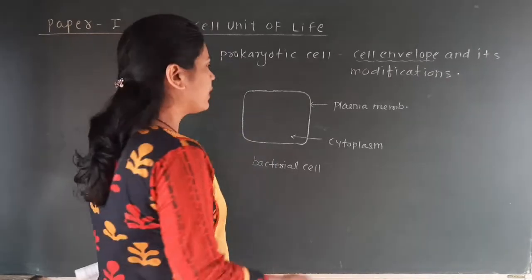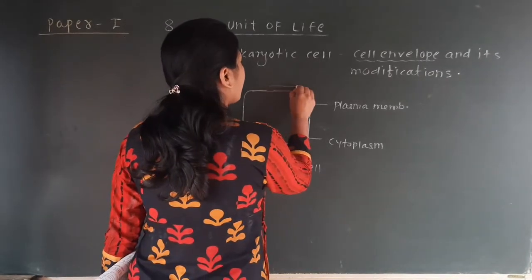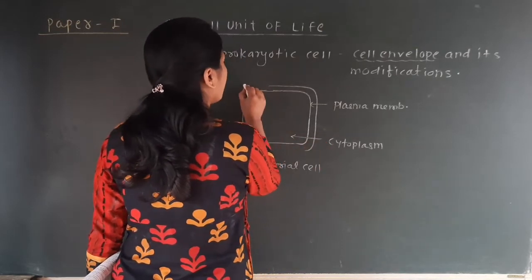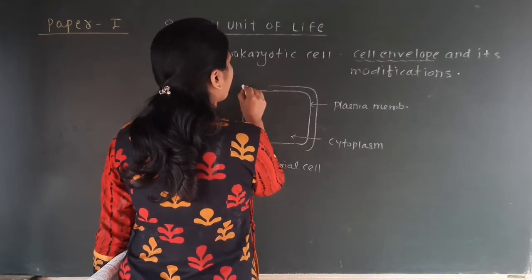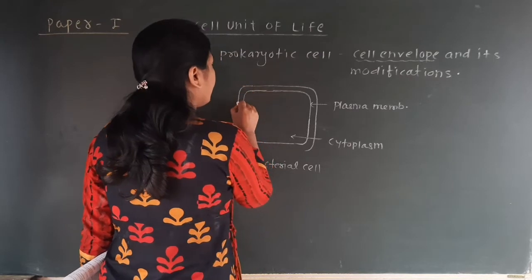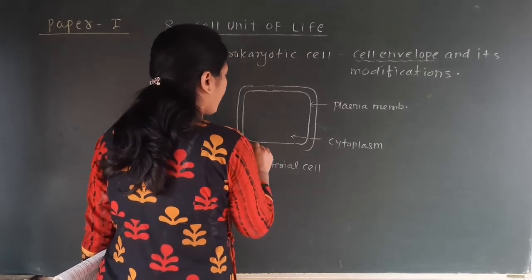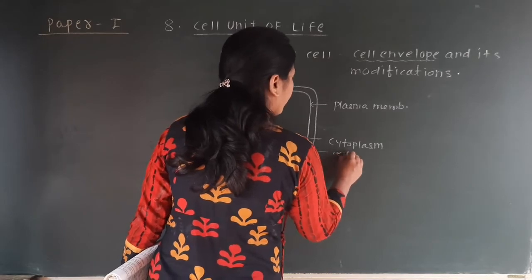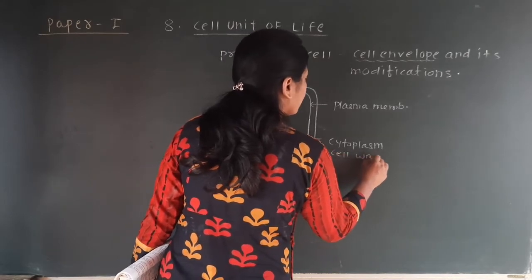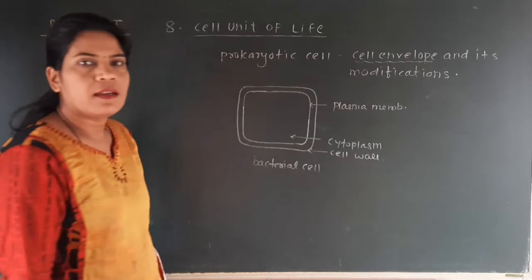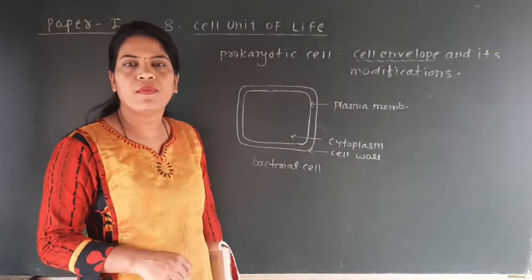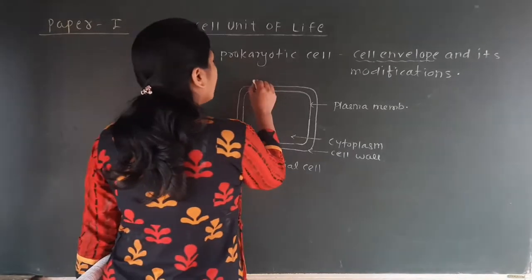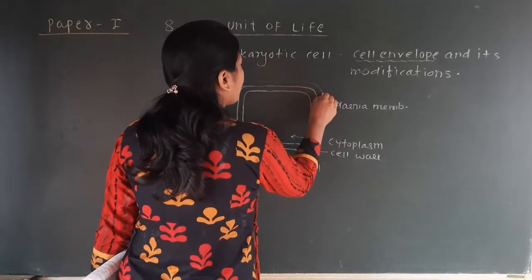Okay, outside the plasma membrane another envelope is present in this bacterial cell, which is an example of the prokaryotic cell, and that envelope we call the cell wall. And the outermost envelope of this prokaryotic cell is the glycocalyx.